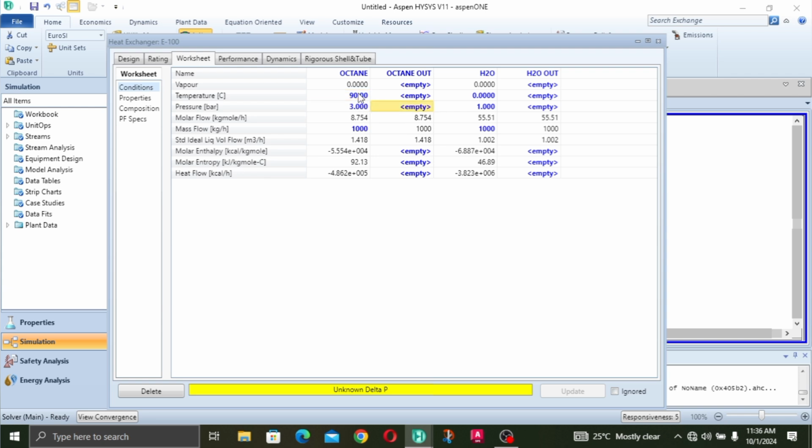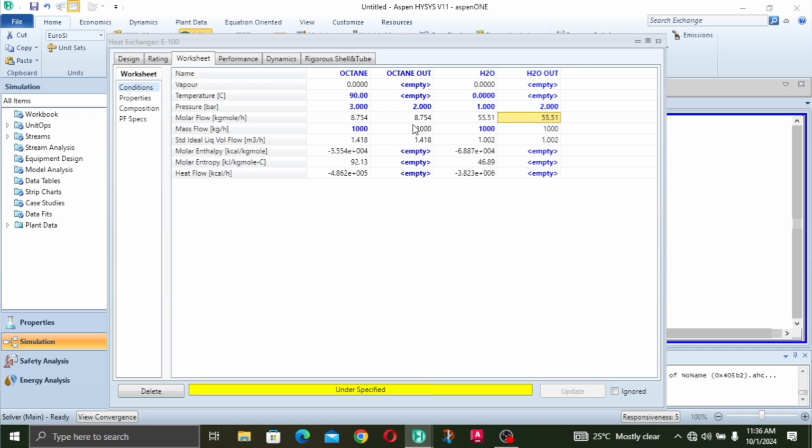Because octane is giving out heat, let's say it loses 1 bar. Change in pressure is 1 bar, so 3 bar minus 1 bar is equal to 2 bar. And let's say H2O is gaining 1 bar. That makes it 2 bar. 1 plus 1, 2. That's perfect.